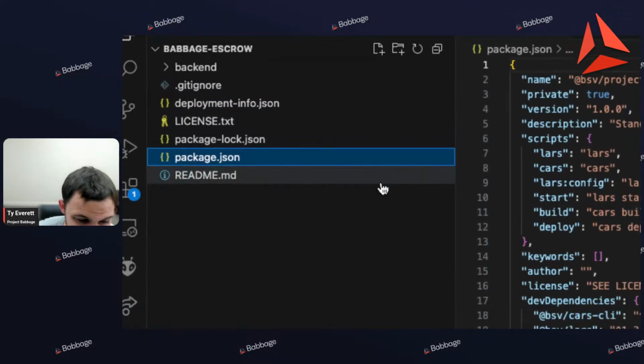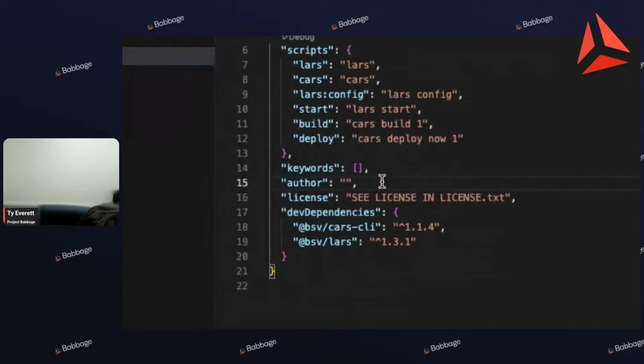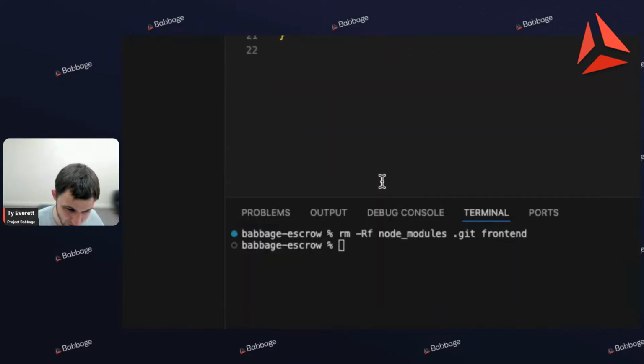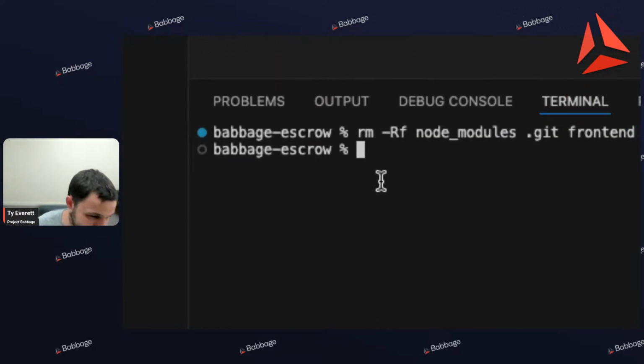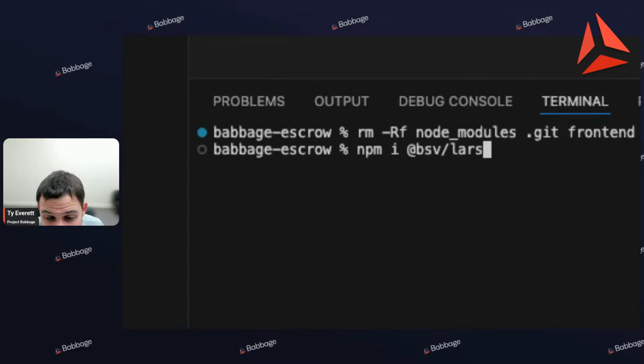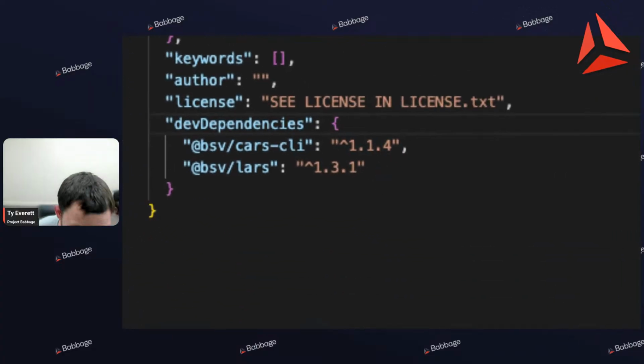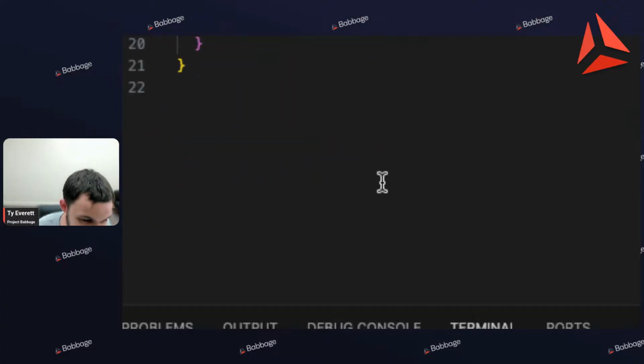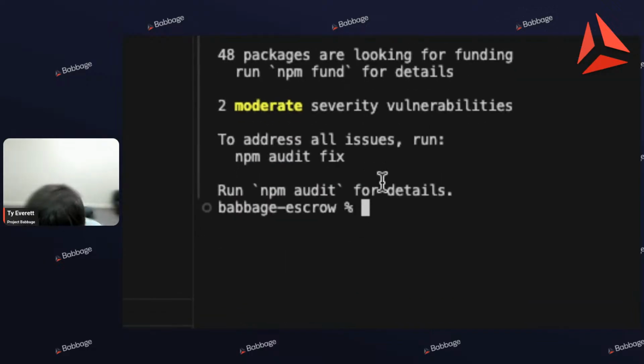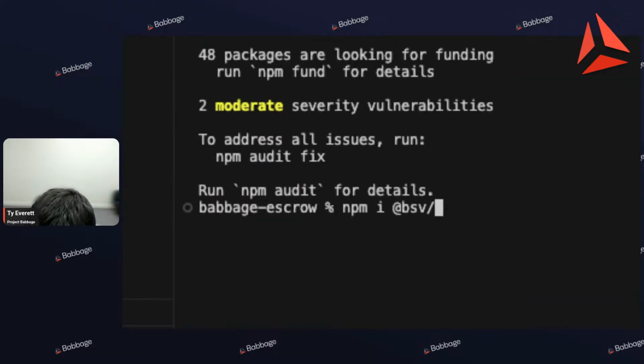Okay, so at the root level, we just want to make sure, general practice, I bet you that both Lars and CARS are completely out of date. So BSV Lars at latest. Let's see if this goes up. Currently it's 1.3.1. And if I press enter, now it's 1.5.0. And for CARS CLI, make sure you use the latest for these guys.